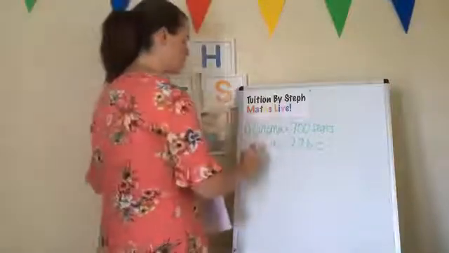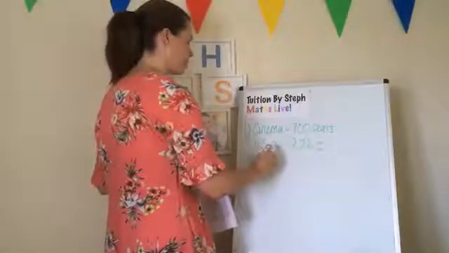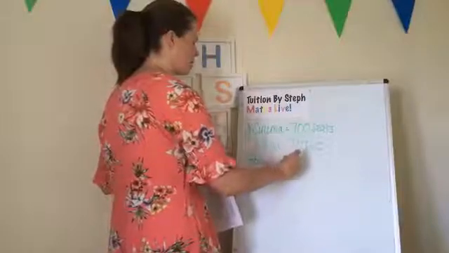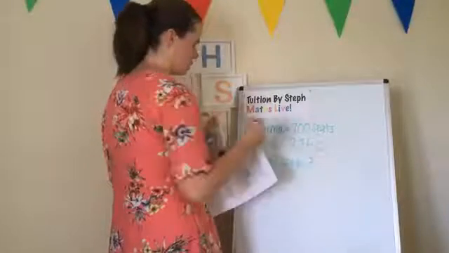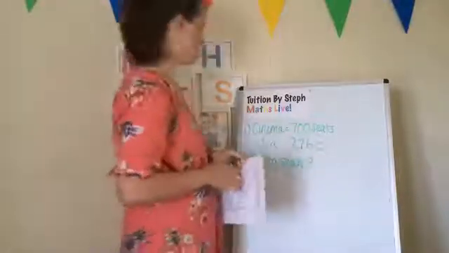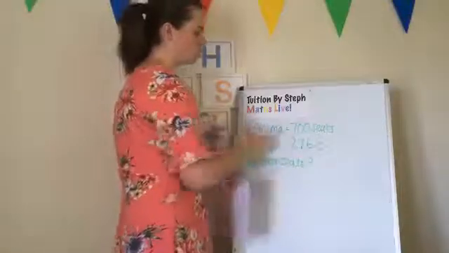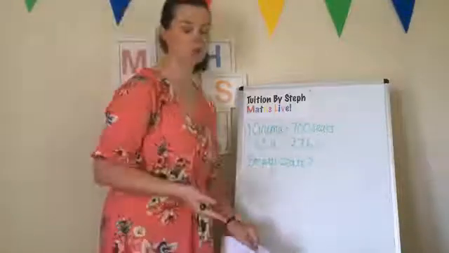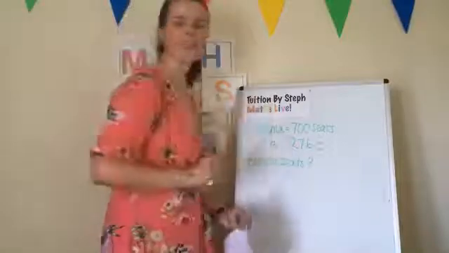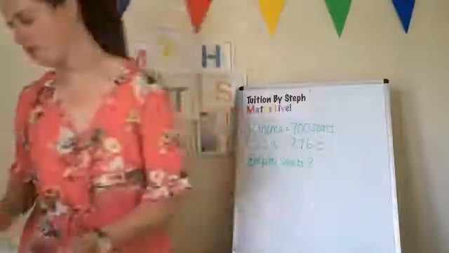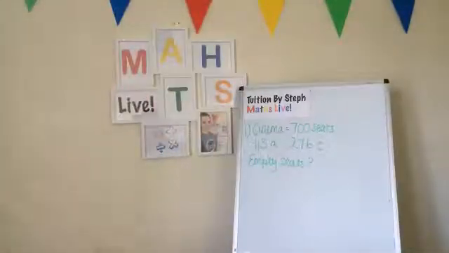How many empty seats are there? So the cinema has 700 seats, 113 adults and 276 children come to watch a film. How many empty seats are there in the cinema? Give that one a go, while I guzzle some water.